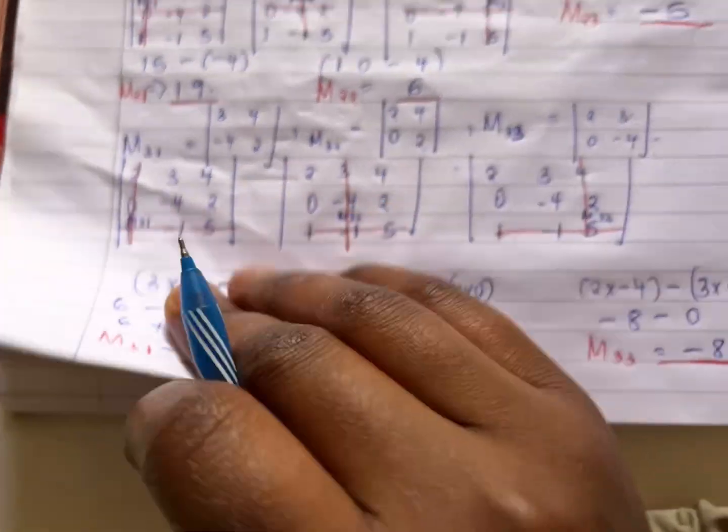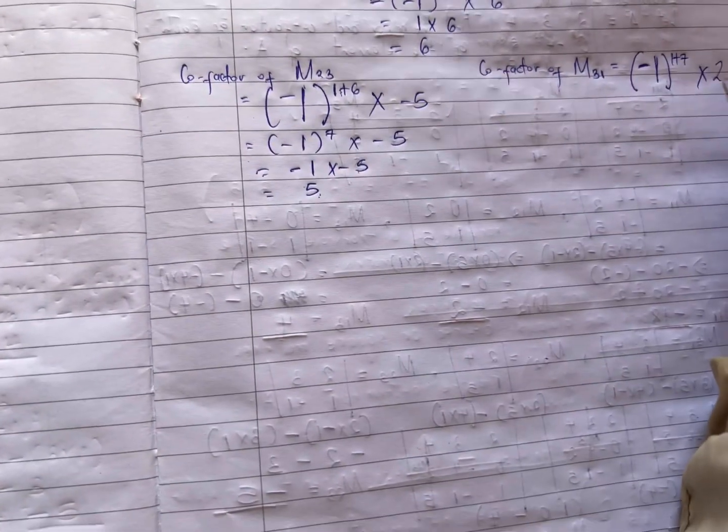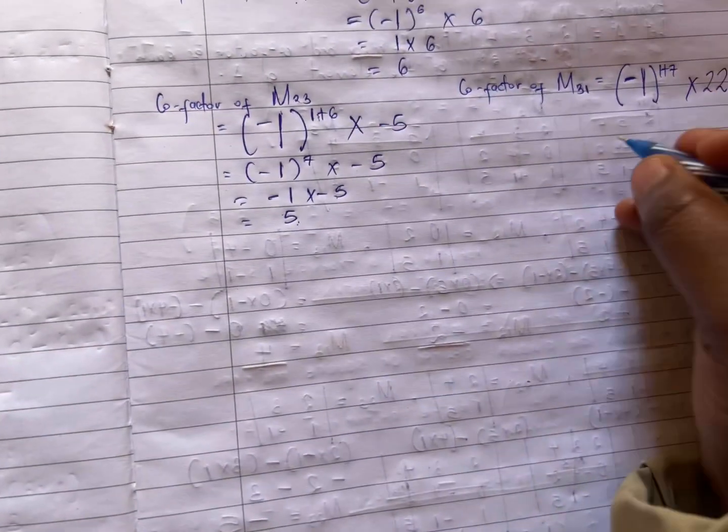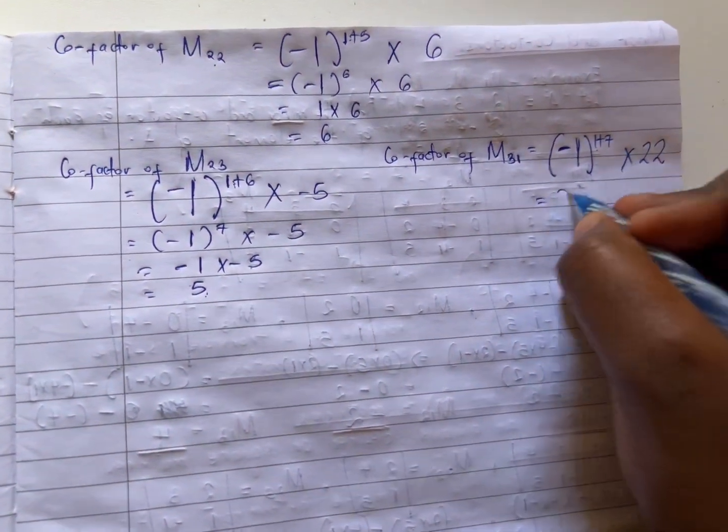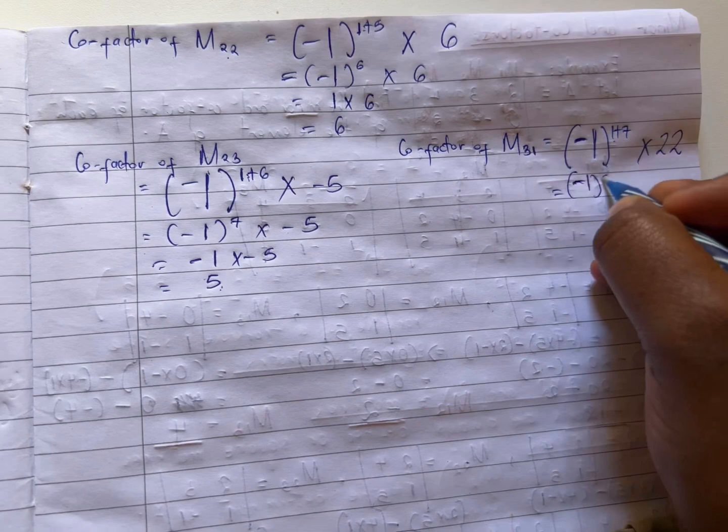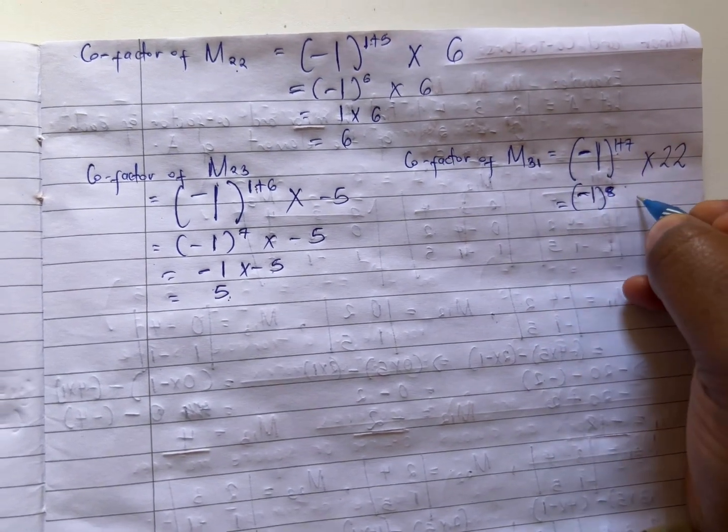I just have to confirm. So negative 1 power 4 times 22.